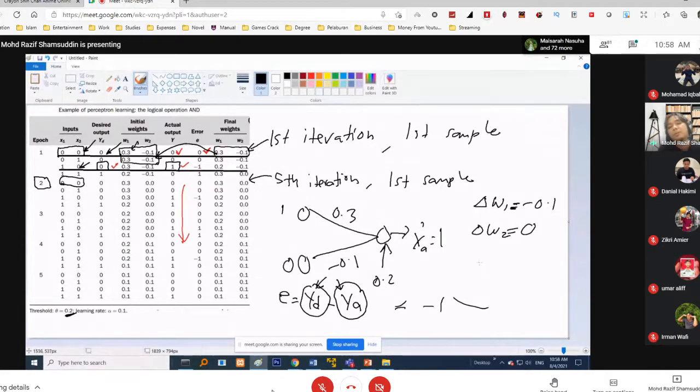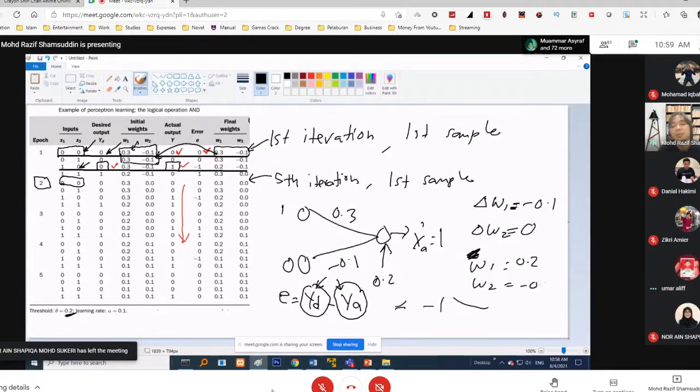Okay, so the newly created weight is, tak ada delta dah. So final weight for weight 1, final weight for weight 2 sama dengan 0.3 minus 0.1 jadi 0.2. Yang ini tak berubah kan, so dia masih lagi negatif 0.1.